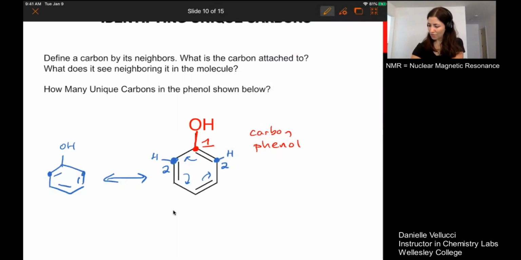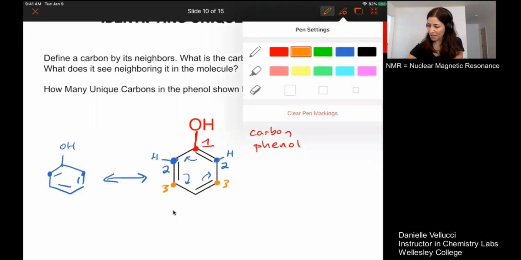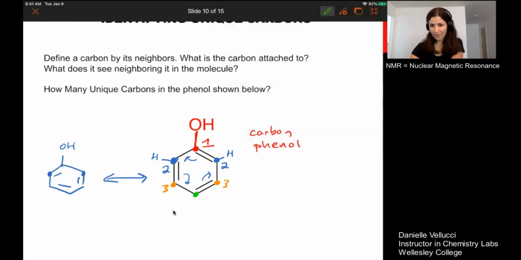In orange, I have these 2 carbons that are now further away from number 1, and we'll call those carbon number 3. And in the hard to see lime green, I'm going to label this as carbon number 4. This is directly opposite, and it's the farthest away from carbon number 1, which is attached to the alcohol.